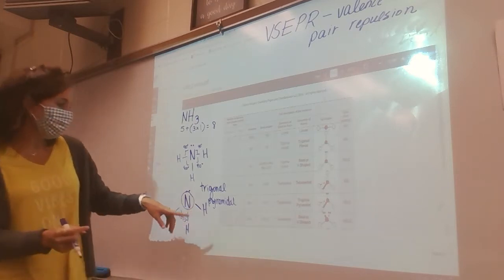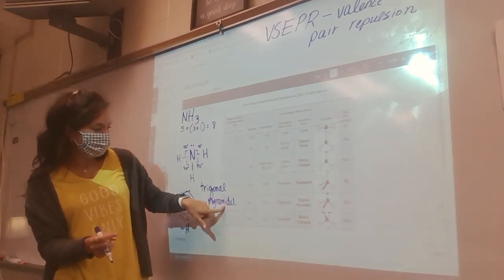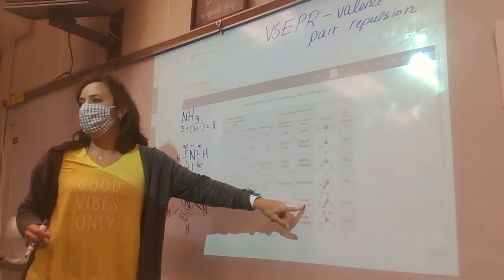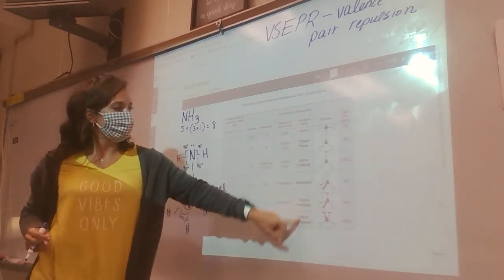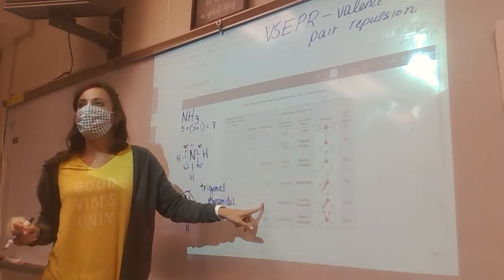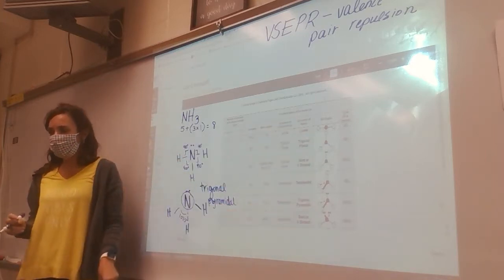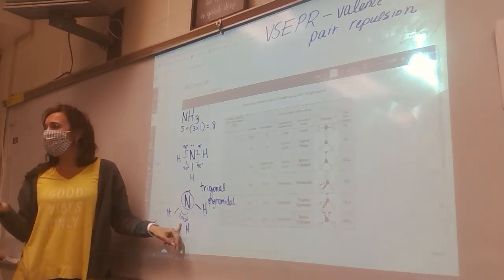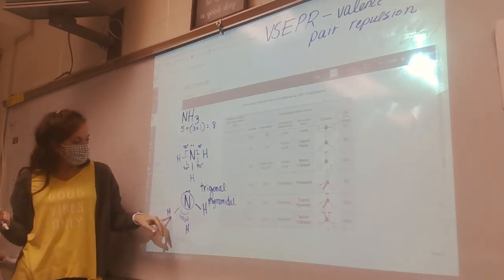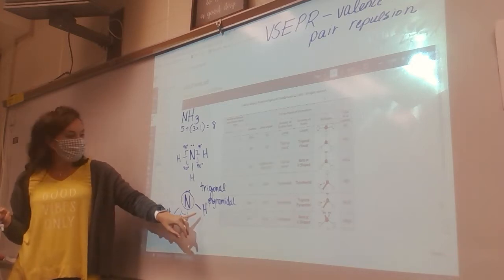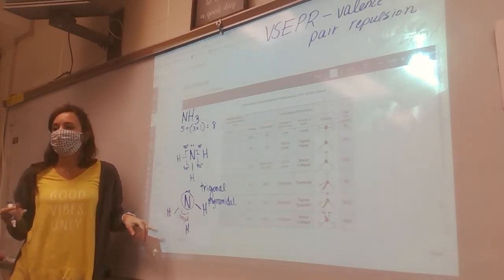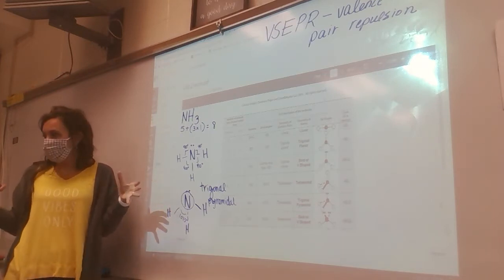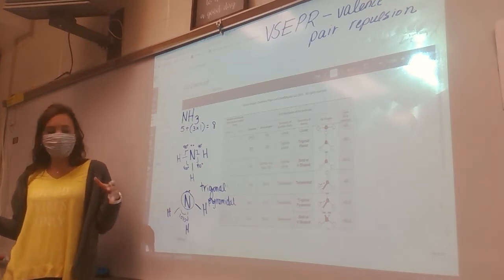If you look at this table, 3 bonding areas, 1 lone pair is trigonal pyramidal for your geometry of atoms, and it has an angle of 107.5. That 107.5 can vary a little bit based on what atom is out here. If these were chlorine atoms, that angle might be a little bit bigger because they would push even more against each other. You might get 109 or something like that.